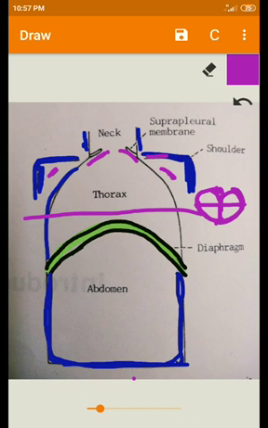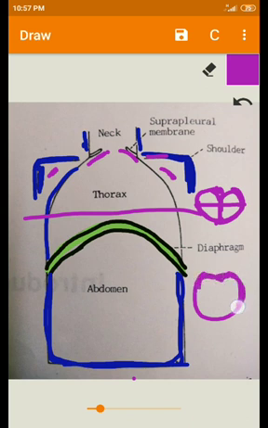In this transverse section of the thorax, the transverse diameter is greater than the antero-posterior diameter. However, in infants below the age of 2 years, the thoracic cage is almost circular in shape, with only a slight depression.